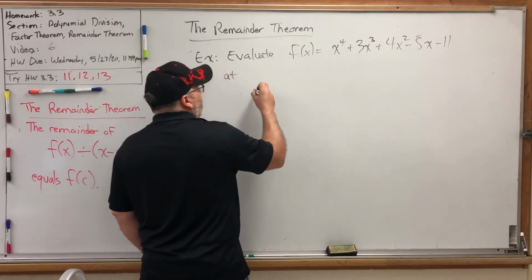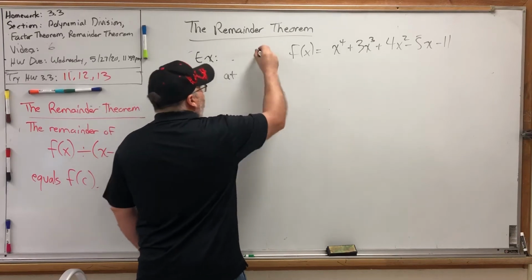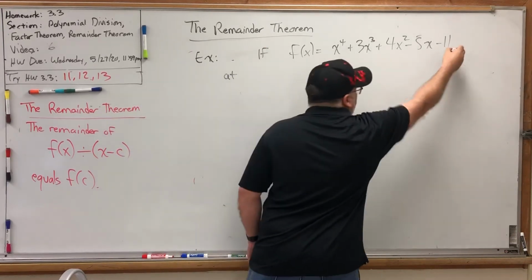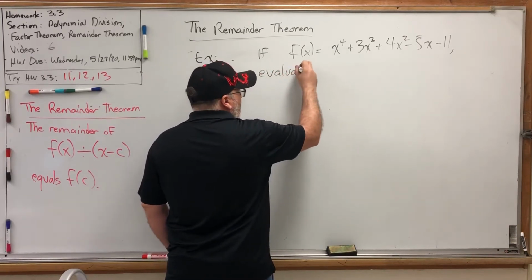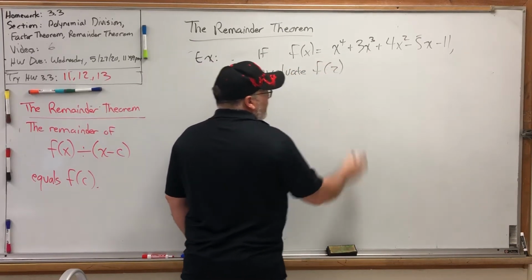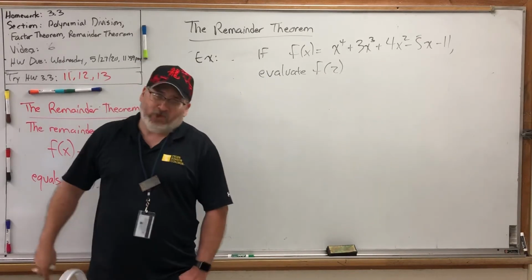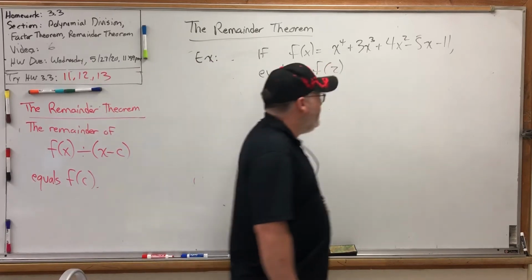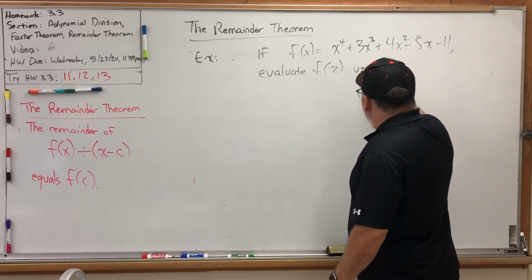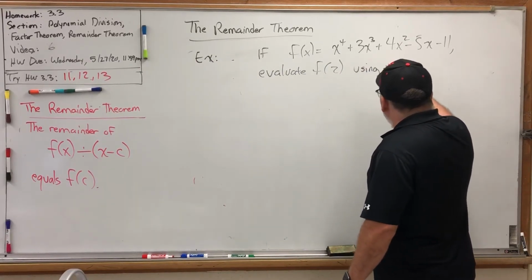Evaluate f of 2. Now I could have asked you this a long time ago. This is just saying stick 2 into the function and work it out. But specifically using the remainder theorem.